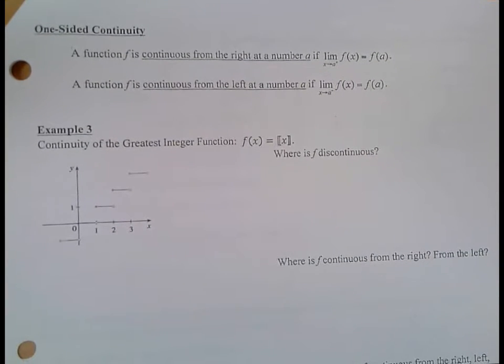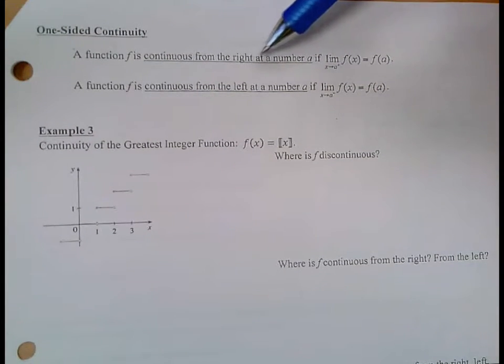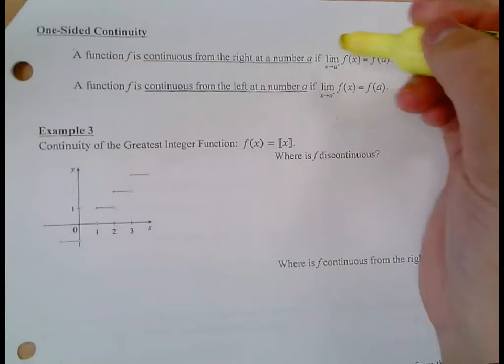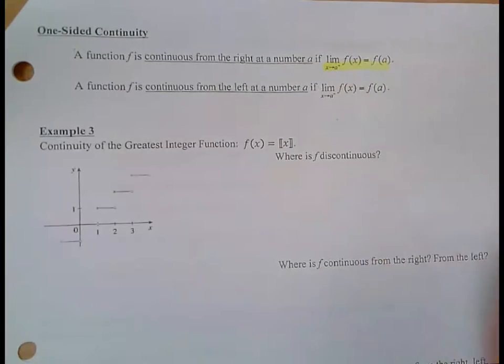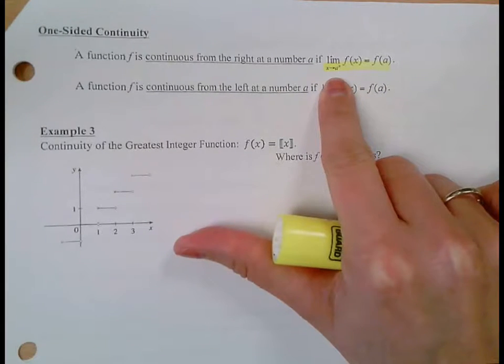And then moving ahead, we have the main idea of continuity down. This is now looking at one-sided continuity. So these definitions are very similar. It's just the definition of the limit from one side. So we say a function is continuous from the right at a number a if, notice the definition is the same, except you're specifying the limit is from the right.